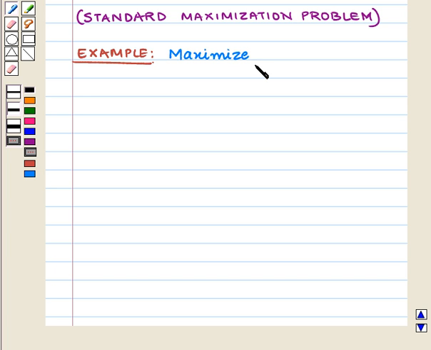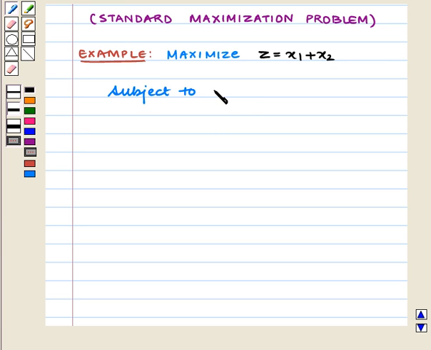Consider the following linear programming problem in standard maximization form. Maximize z equal to x1 plus x2 subject to 2x1 plus x2 is less than equal to 4, x1 plus 2x2 is less than equal to 3, x1 is greater than equal to 0 and x2 is greater than equal to 0.